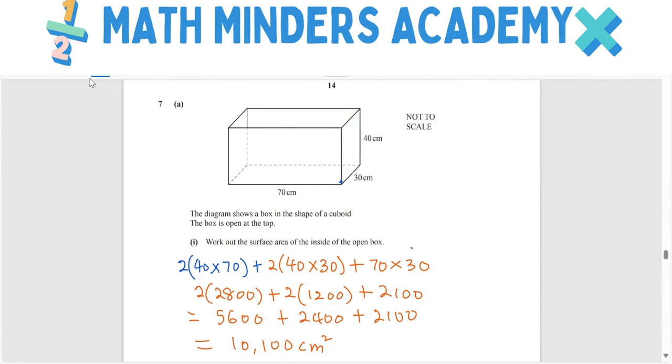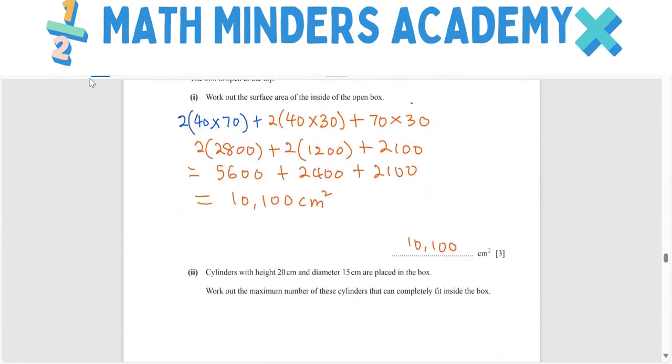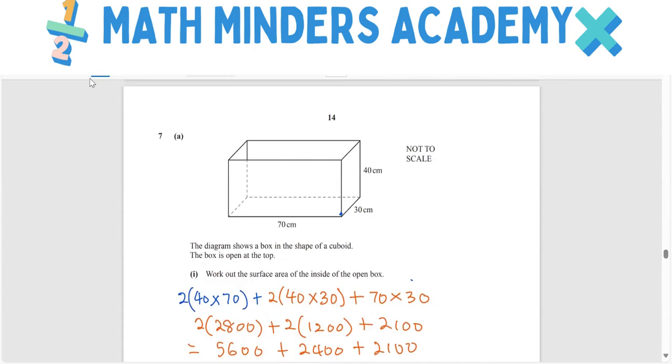We want to arrange cylinders here, okay? Now, take note of the dimensions of the cylinder. The cylinder is having height 20 centimeter and the diameter is 15. So this is the cylinder we want to put in. Let's get a picture of the cylinder, okay?